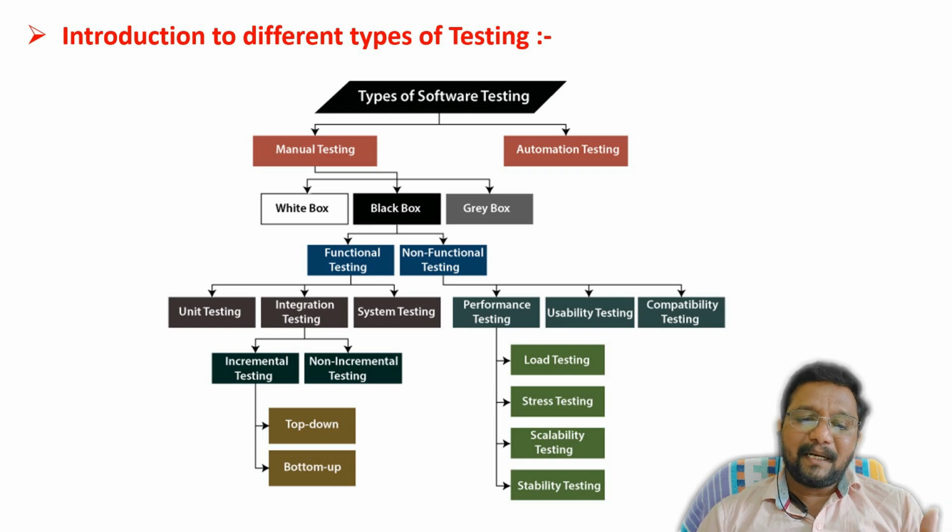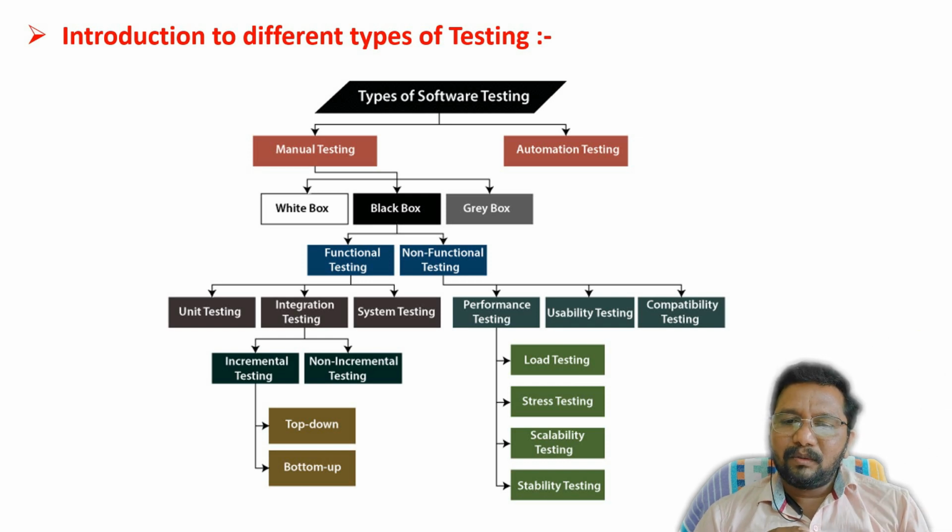Incremental testing is mostly done in two ways, top down and bottom up. In non-incremental testing, we need not worry about how the development flow is, so we can carry it out with our test plan.